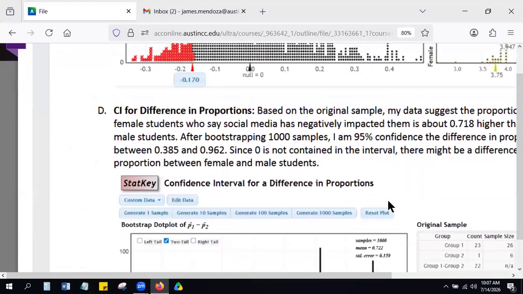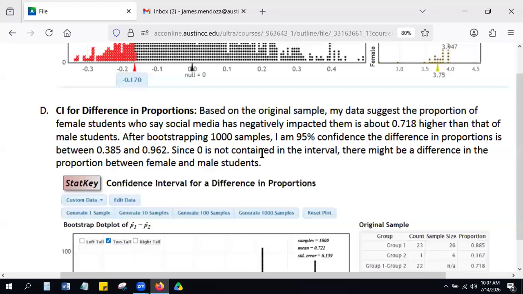And just like the other one, since zero is not in the interval, there might be a difference in the proportion of female and male who say that there's a negative impact because of social media.